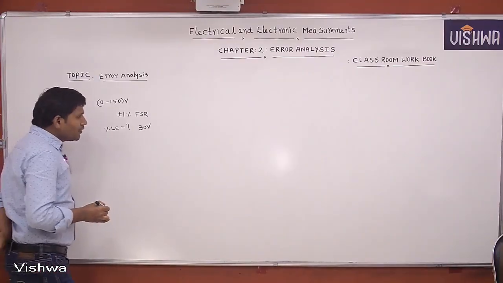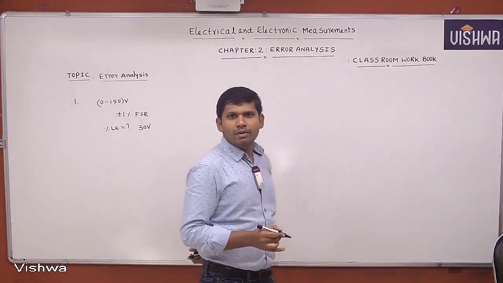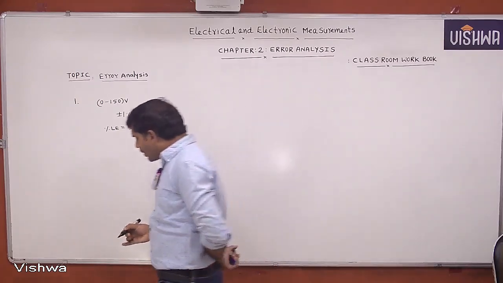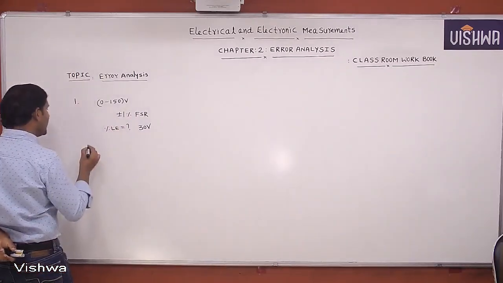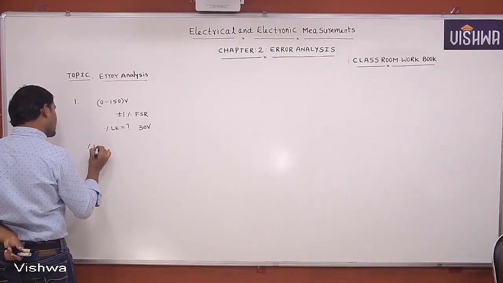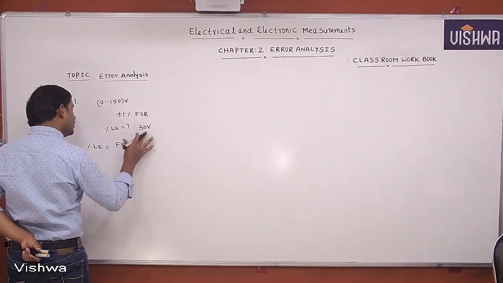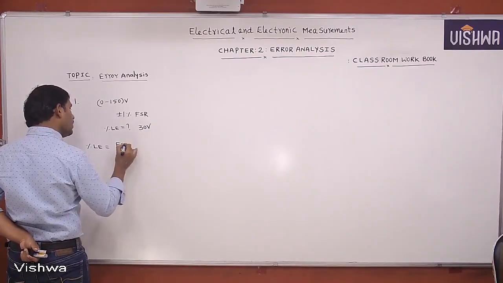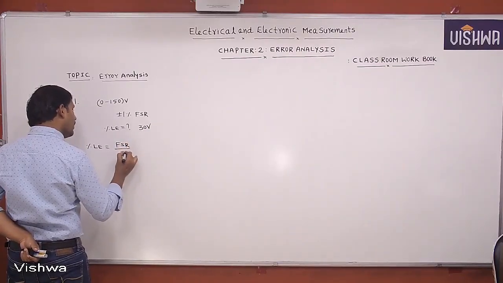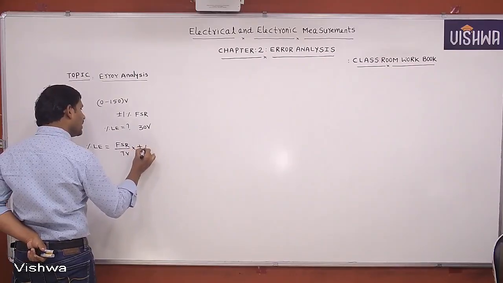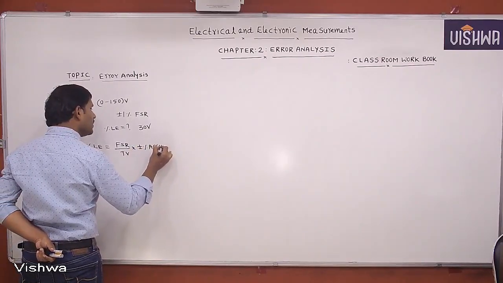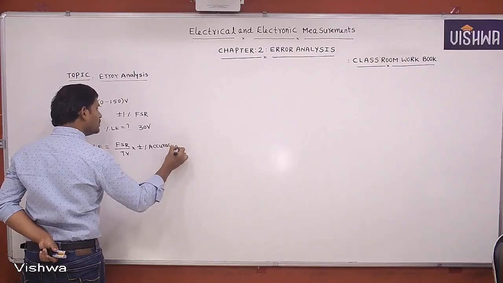Then what is the solution for this problem? The formula is already given. Percentage limiting error equals full scale reading by true value into plus or minus percentage accuracy at full scale.